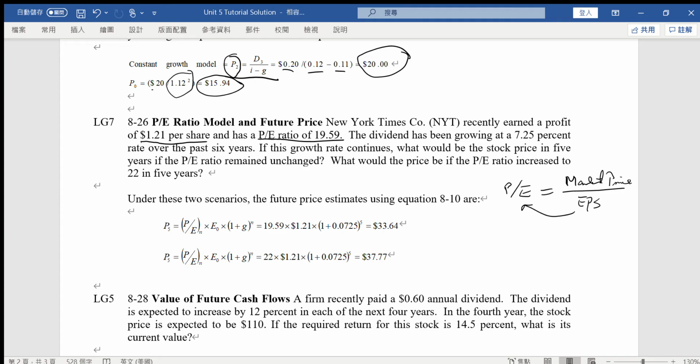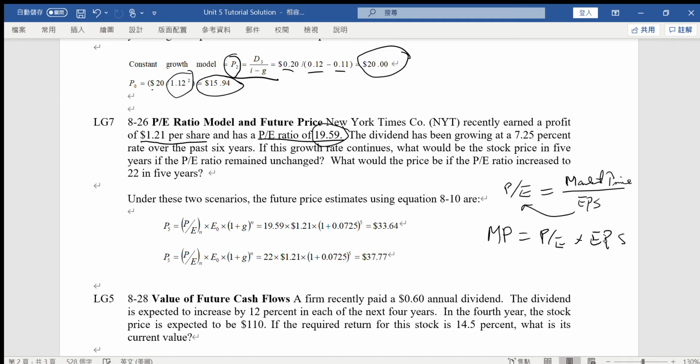Okay, then we can make use of the formula to work it out. First of all, we know the PE ratio currently is 19.59, right? If we want to work out the market price, it will be equal to the PE ratio times the EPS.